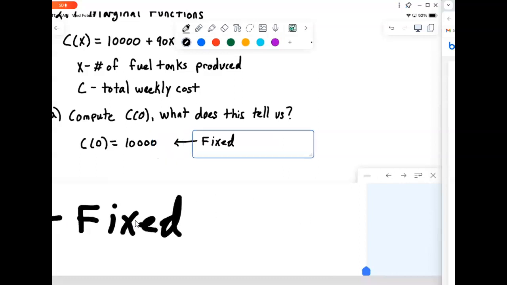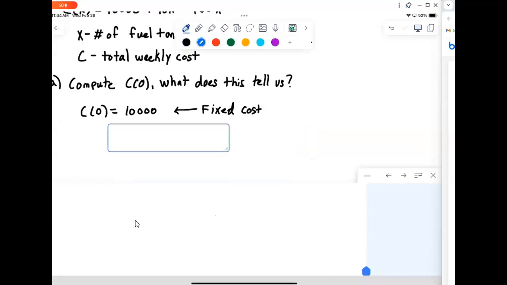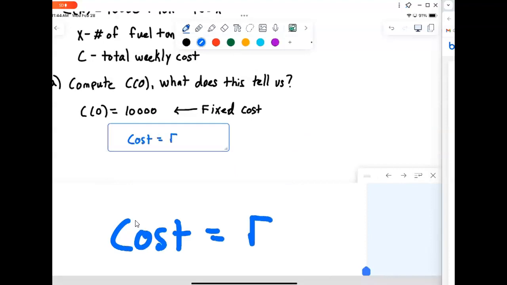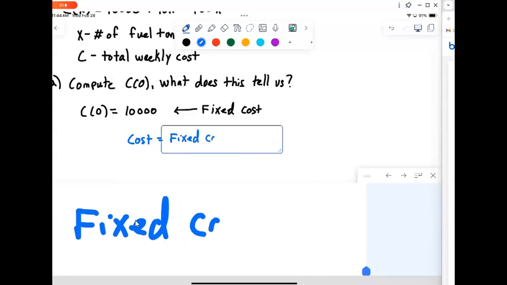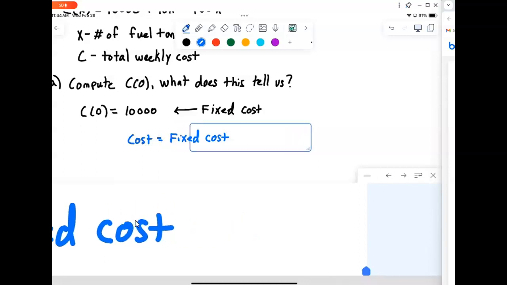These are our fixed costs. This is our fixed cost, $10,000. In every situation that you deal with, costs can pretty much be guaranteed to always be your fixed cost plus your variable cost.